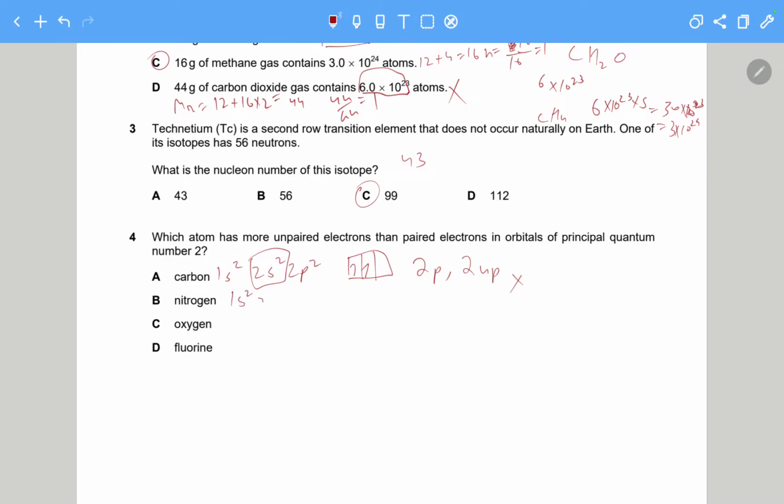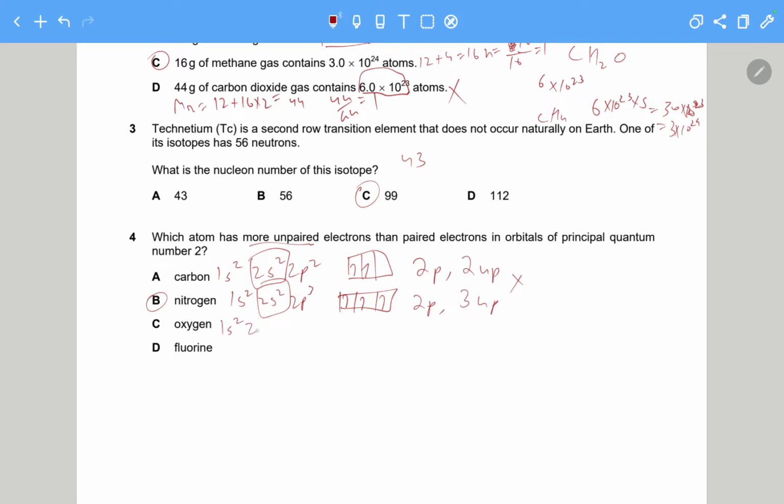Nitrogen is 1s2, 2s2, 2p3. 2s again both paired. For 2p it becomes this, and therefore there are 2 paired electrons and 3 unpaired electrons, and the question says more unpaired than paired. So nitrogen seems to be the correct answer, but again we look at everything.